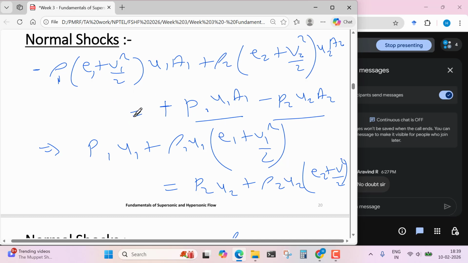This A is common everywhere, we can remove it. We will write the term for P1 U1 for the upstream side and for the downstream side. So we'll get P1 U1 plus rho 1 U1 into e1 plus V1 square upon 2. This V1 we can also write as U1, it is the same only.